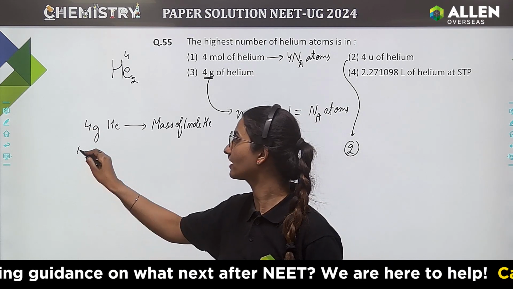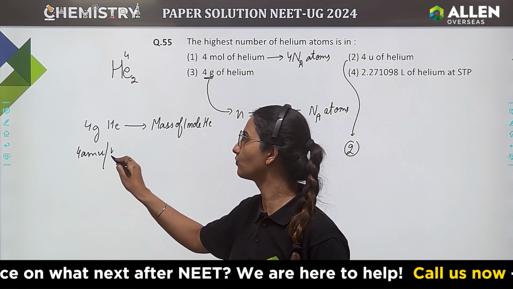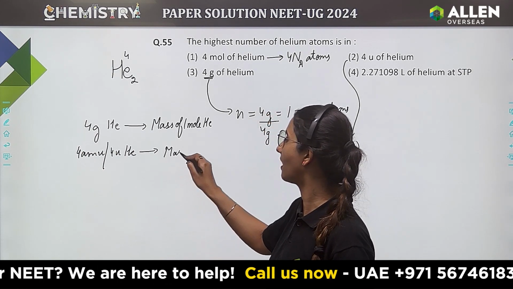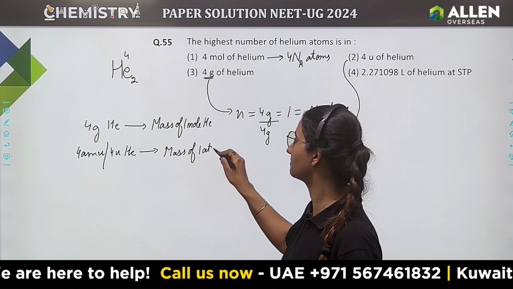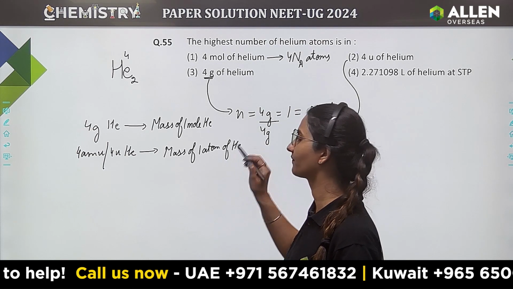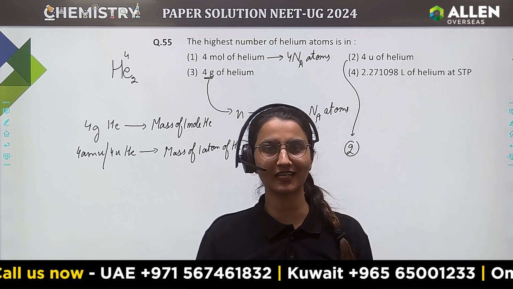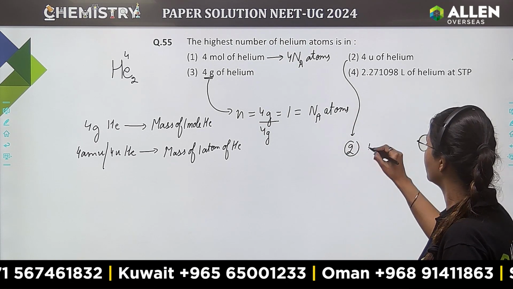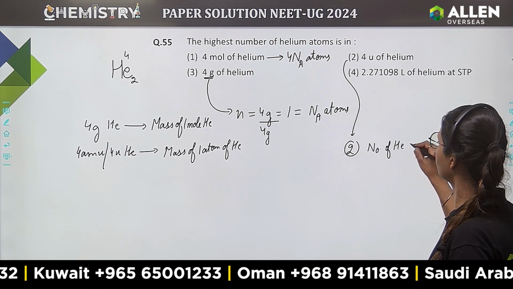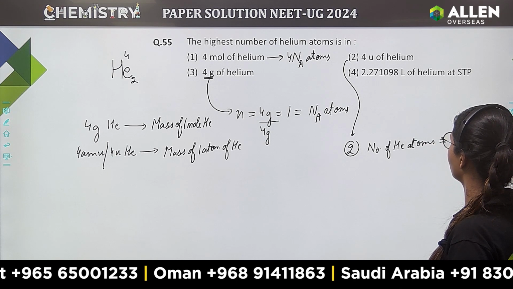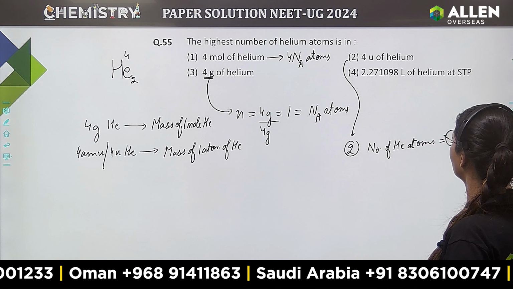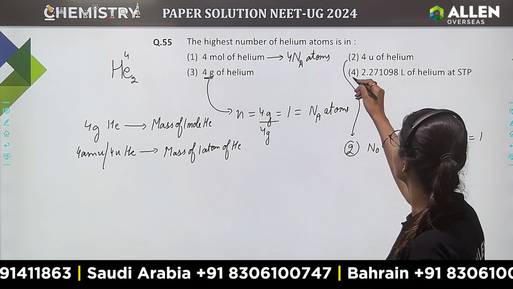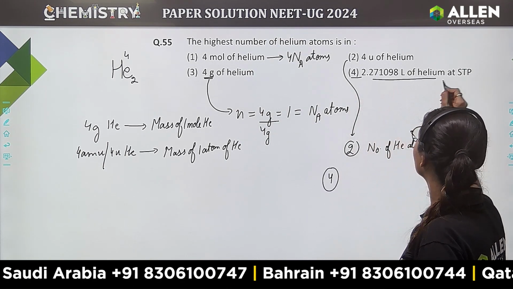But students, 4 AMU or 4u helium means that it is the mass of 1 atom of helium. We know atomic masses are written in AMU or u, right? So what I'm given is 4u. So the number of helium atoms in this would be 4u by 4u, that is 1. Already discussed, 4u has 1 atom, right? Check the 4th option now. Now you are given volume at STP.